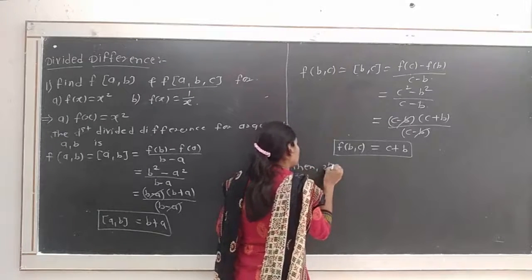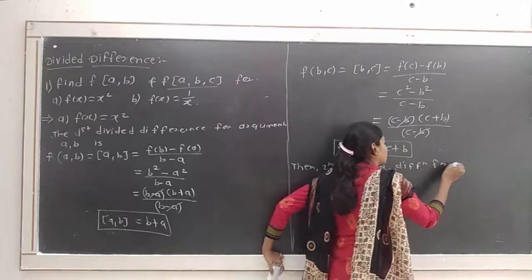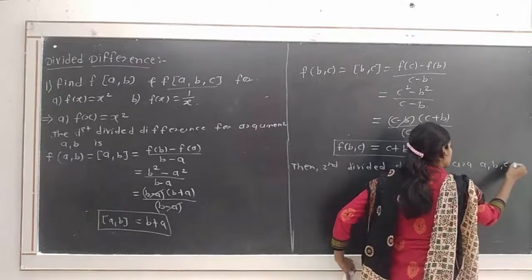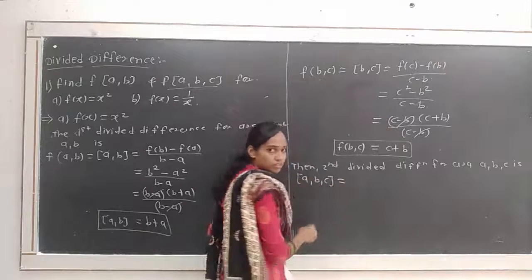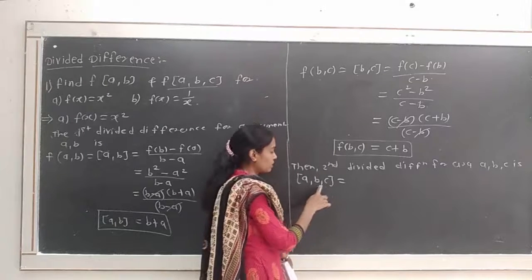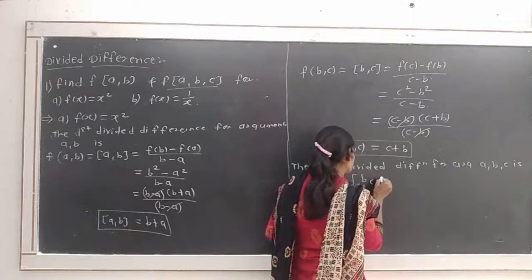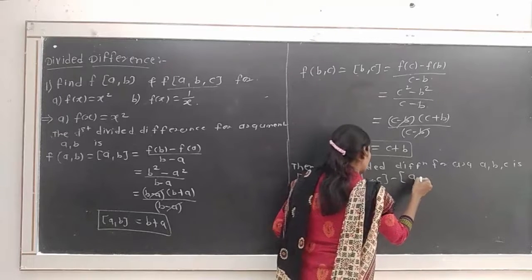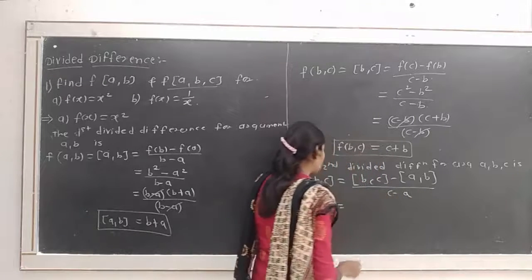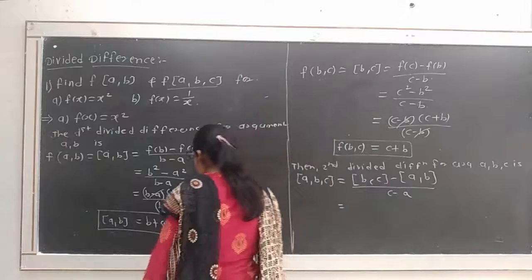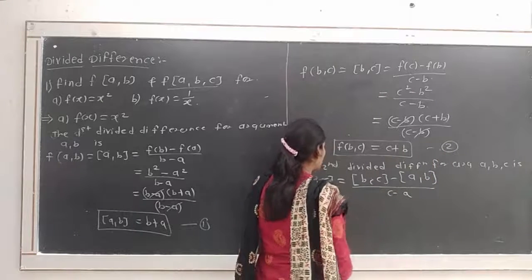By using the definition, we write f of A, B, C, the second divided difference for the argument A, B, C, which is defined as the difference of the first divided difference for the argument B, C minus that for the argument A, B, divided by C minus A. Take these as number 1 and number 2. So from 1 and 2 we put here values.